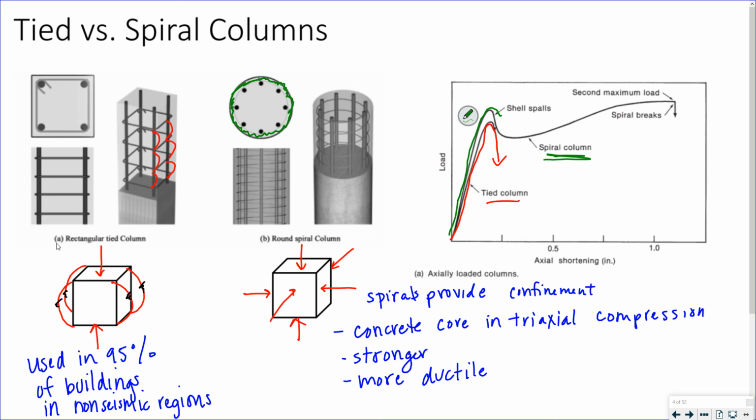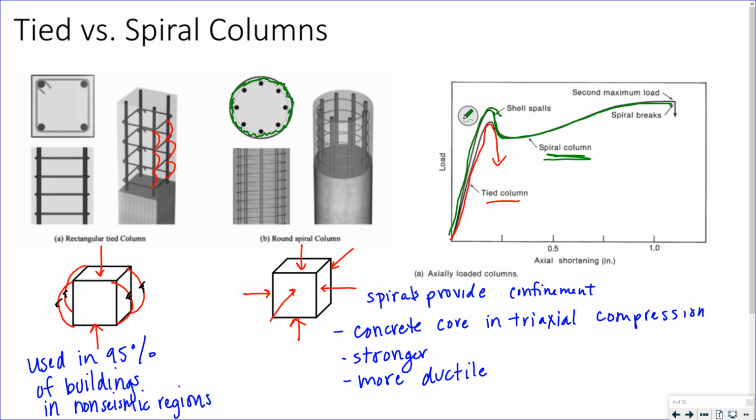The shell spalls, so the outside of the spiral reinforcement breaks off, but the inside remains because it's in that lovely triaxial compression, and you're allowed to have more shortening. You apply more load, it shortens more until your spiral eventually breaks.